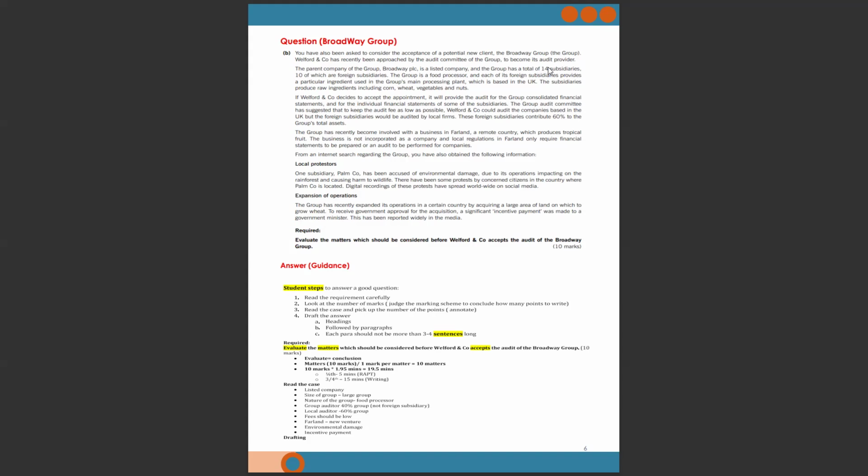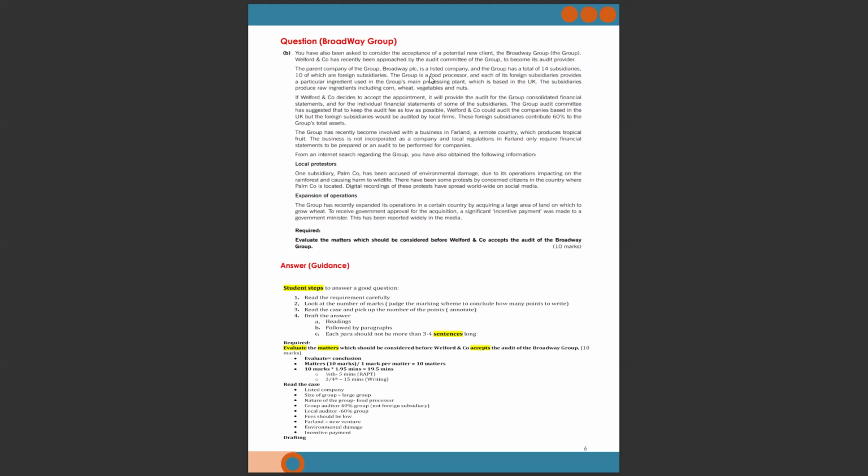So we will make sure that our deadline should be realistic. Fees should be increased because we have to put so many resources for a total of 14 subsidiaries, 10 of which are foreign subsidiaries. Means specialized. The group is a food processor.